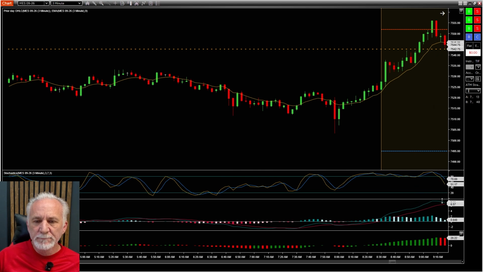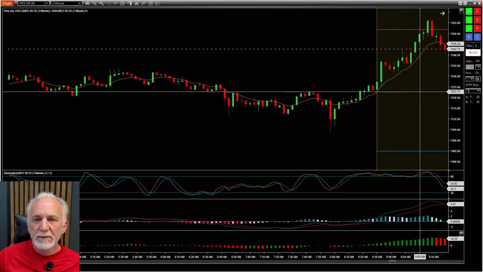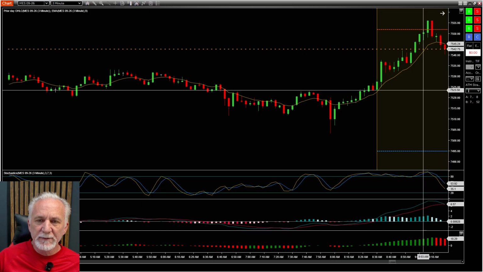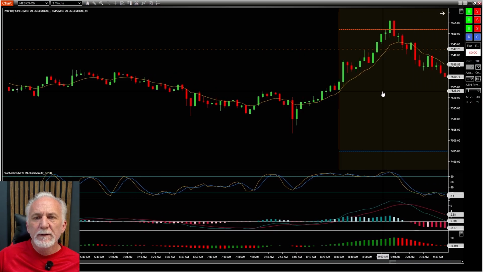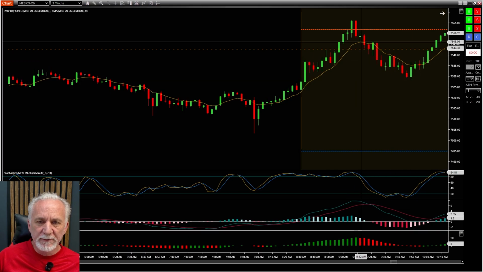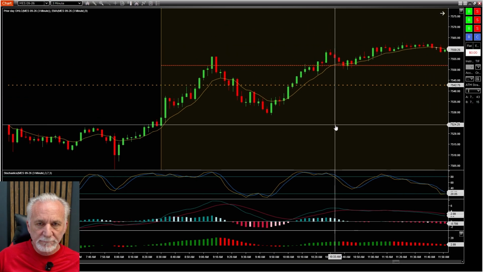There's another one looking better on our oscillators. Here's another one. We're starting to get a crossover here. We're getting some red here. But if you got in anywhere in here, you're going to get your 10 points. And then we'll see what it does.